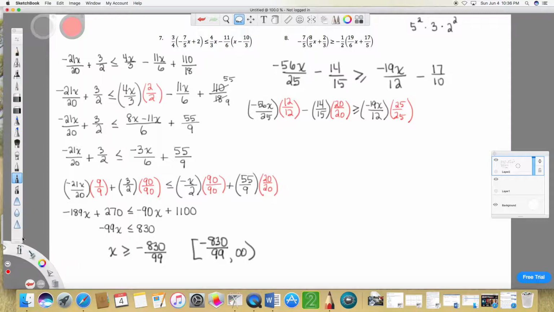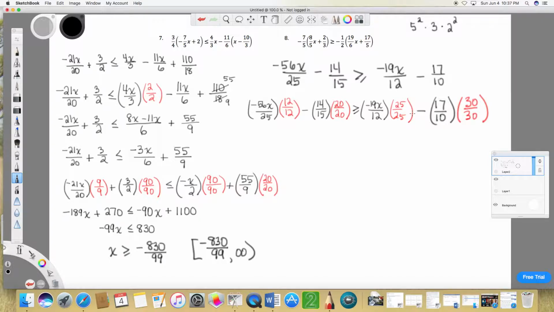And I've got minus 17 over 10. But I want to multiply that by 30 over 30 so that I'll get 300 in the denominator. So now all of these terms hopefully have a denominator of 300. If I multiply both sides of this inequality by positive 300, all of the denominators will cancel.